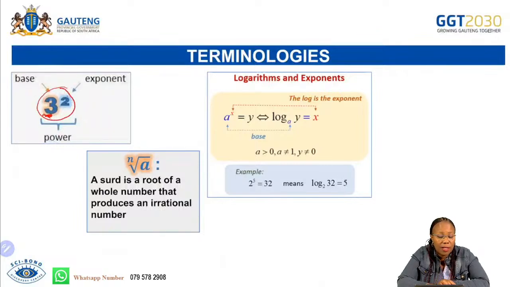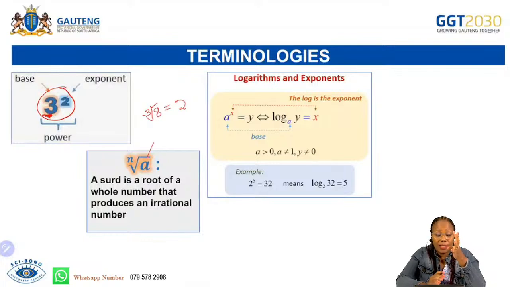Those are the terminologies that we'll be using. If we say base, we must know we talk about that. When we talk exponent, and when we talk power, it is the whole item. Now when coming to surds, a surd is the root of a whole number that produces an irrational number. For example, if I'm looking at the cube root of 8, we know the cube root of 8 is equal to 2.